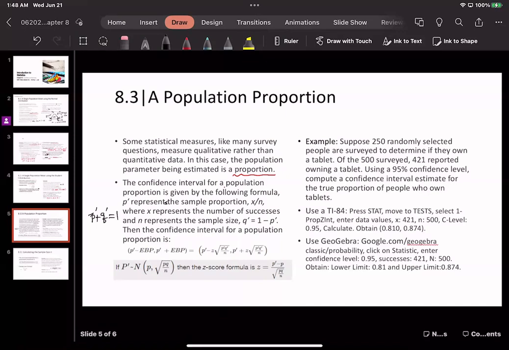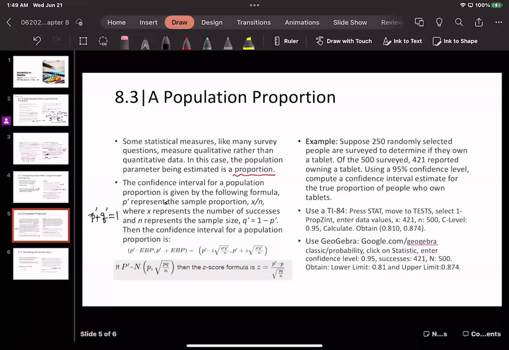The EBP here is the z-score critical value multiplied by the square root of p-hat times q-hat divided by n.